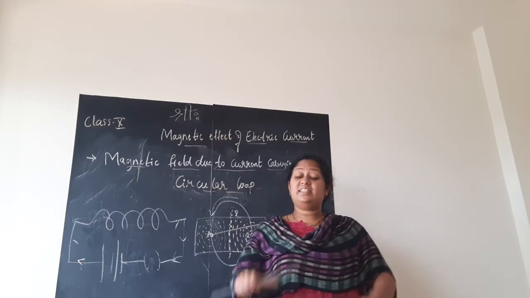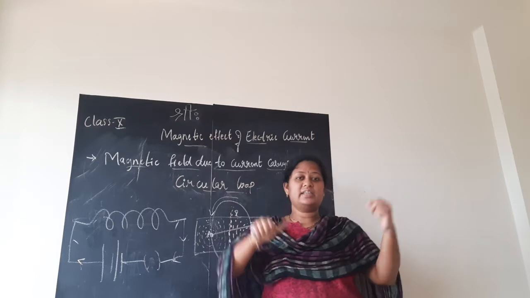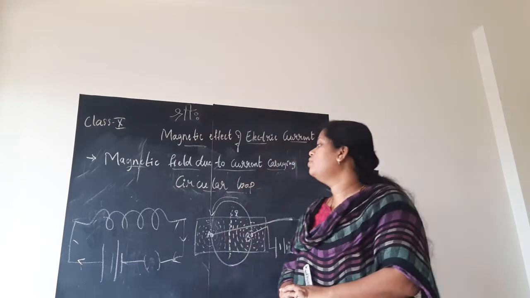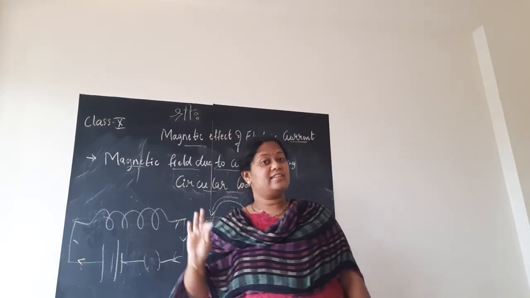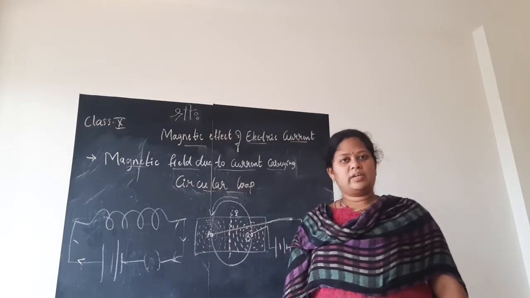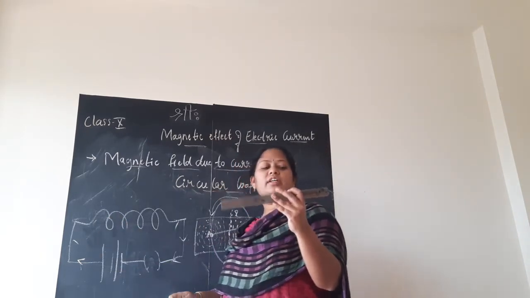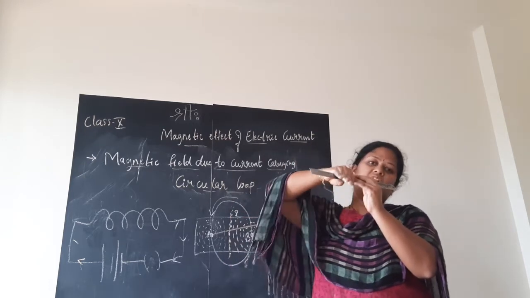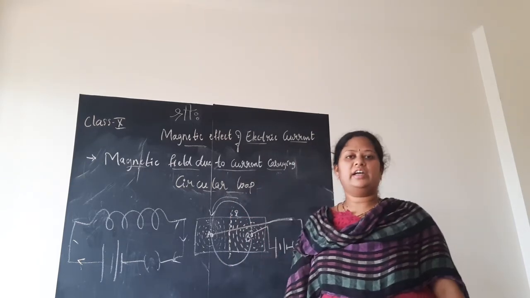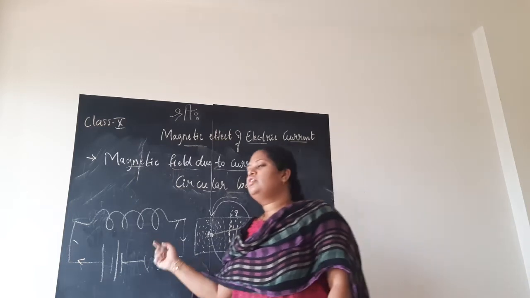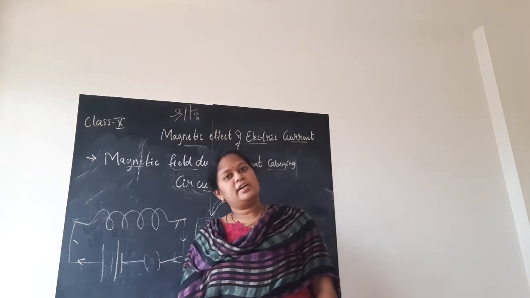What I mean to say is, my thumb is showing towards the left hand side, which means the current also is flowing towards the left hand side. Okay? So now the current is flowing in this direction, and whichever direction you are curling your fingers, that will be the direction of the magnetic field. So using that, you can easily find out in which direction the current is flowing.